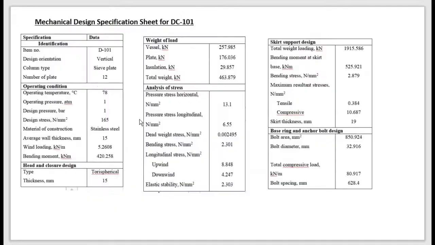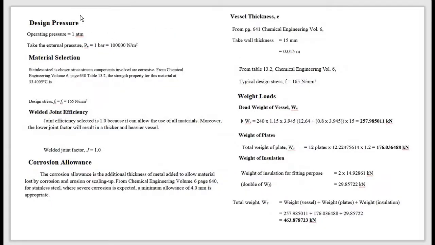So how we got these values on the specification sheet is the same as what I have explained for the previous equipment, which is the reactor. It is all the same. We refer based on the book as what the book stated.